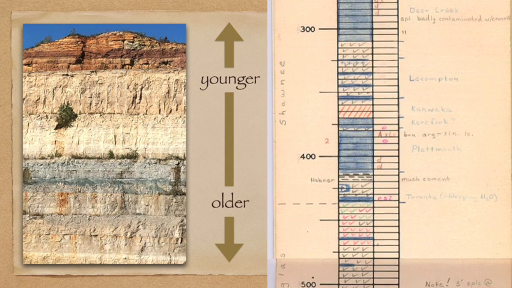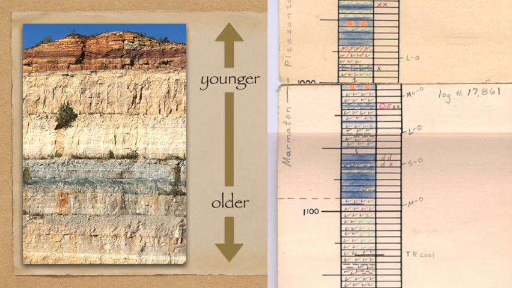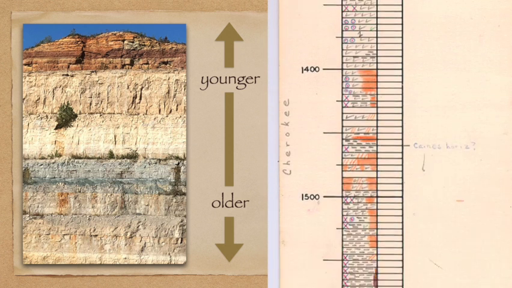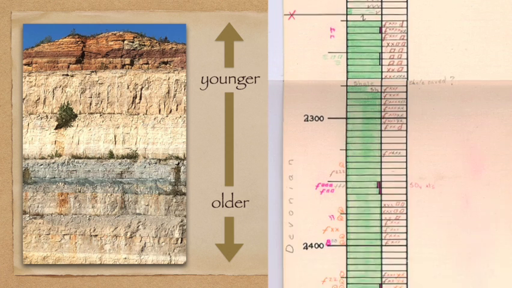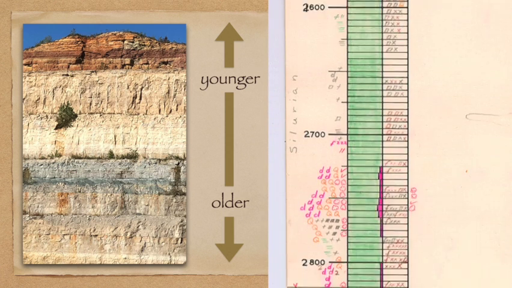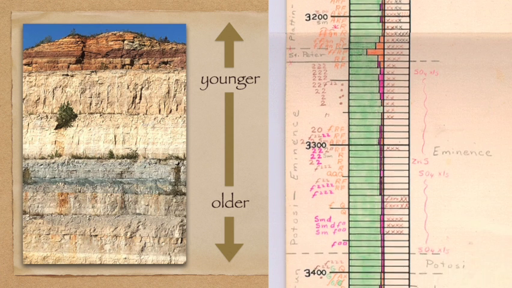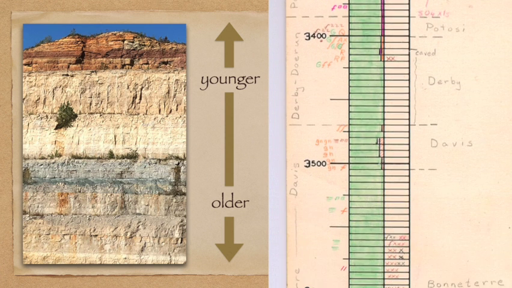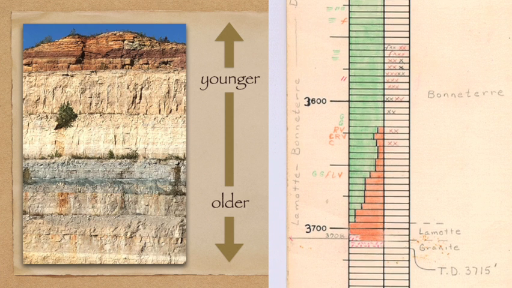Then we pass through thousands of feet of Paleozoic sedimentary rock, representing those hundreds of millions of years of mostly shallow marine conditions. And we finally stop 3,700 feet down when the drill hits that ancient Precambrian igneous rock.